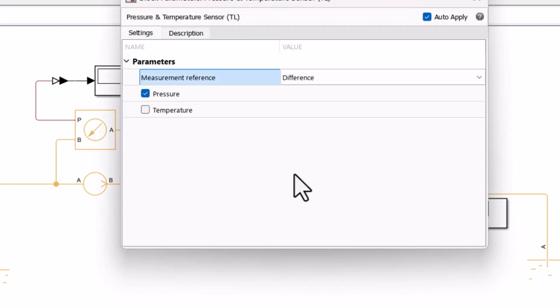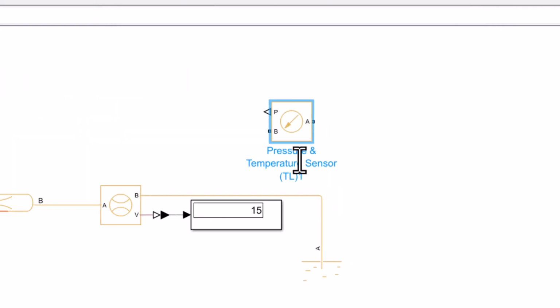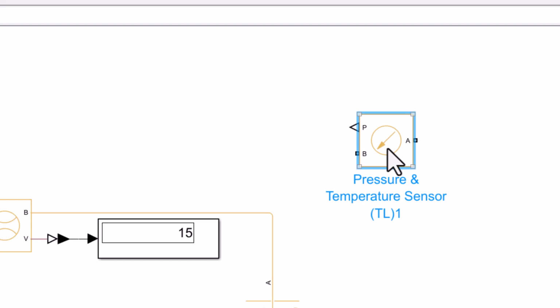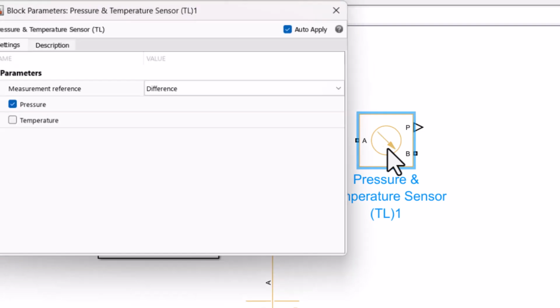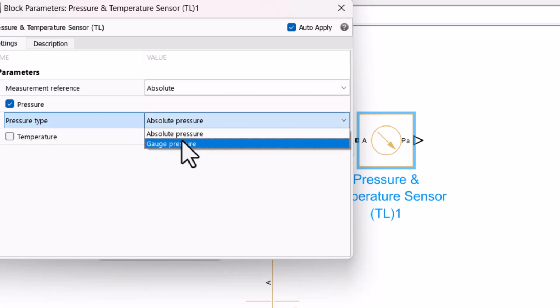But this was the differential pressure. How about if you want the pressure at a single point? I make a copy of this pressure sensor, I invert it, and instead of difference, I set it to absolute. Now it asks for the pressure type. It has absolute pressure and gauge pressure.